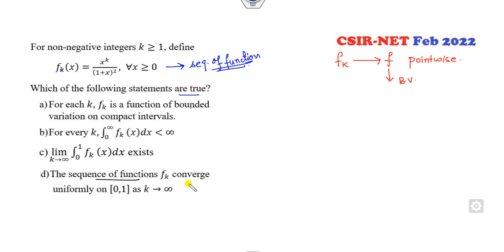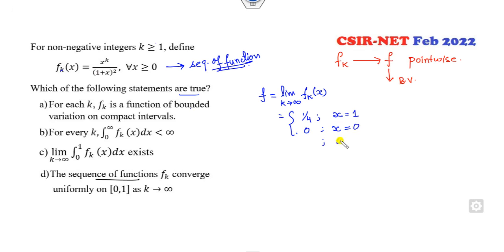When the sequence of functions converges uniformly, we can firstly find the limit of this as k approaches infinity. So what is the answer? When k approaches infinity, this part is a constant. What is the limit when x is equal to 1? It is 1 over 4. Whenever x is 0, it's 0.